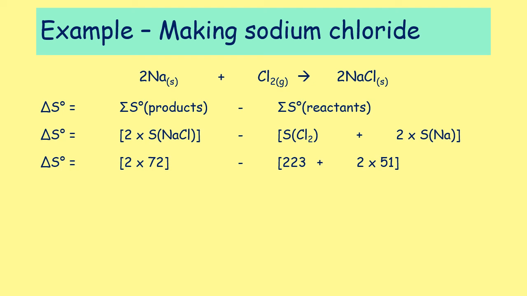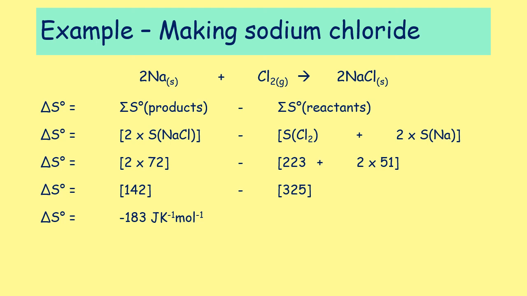And you can clearly see here, chlorine being the only gas has a much higher entropy value than the two solids. Whenever we multiply this out, we get 142 minus 325, which gives us an entropy change that is negative, minus 183 joules per Kelvin per mole.